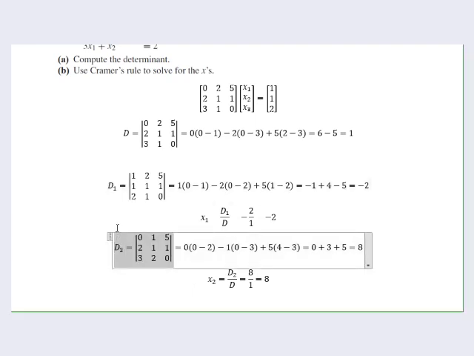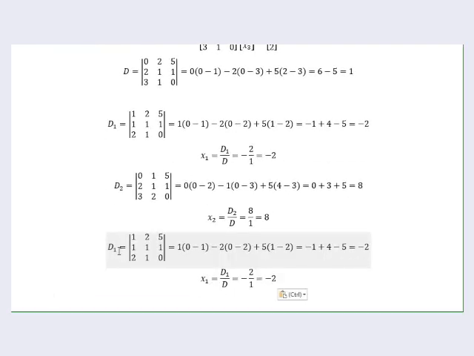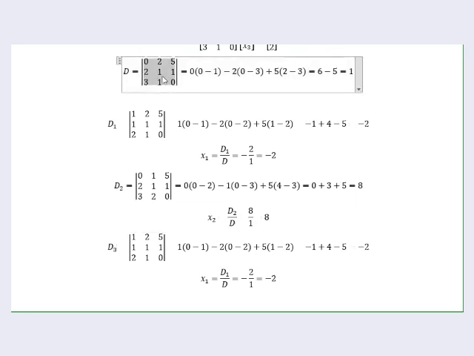D3, I'll start with the original matrix.